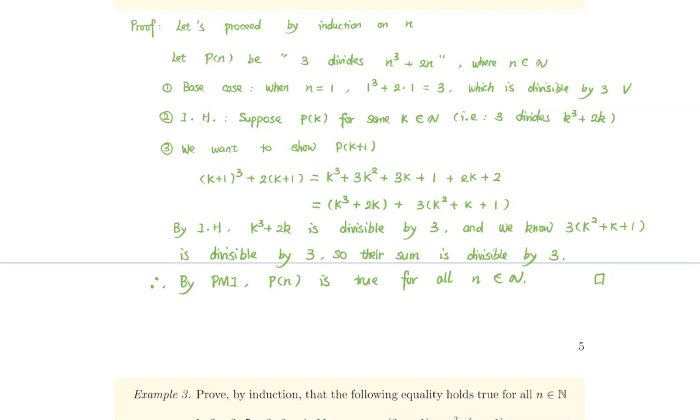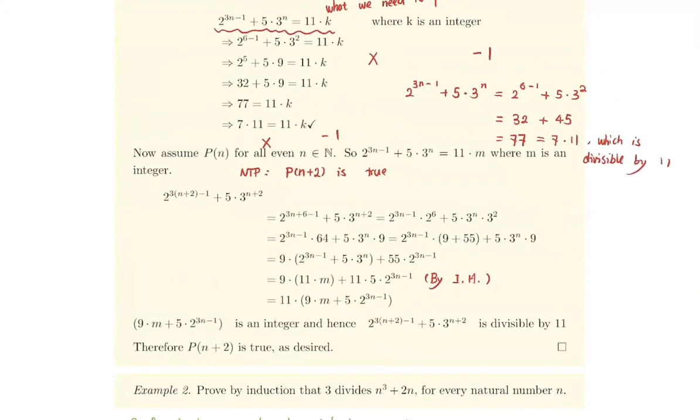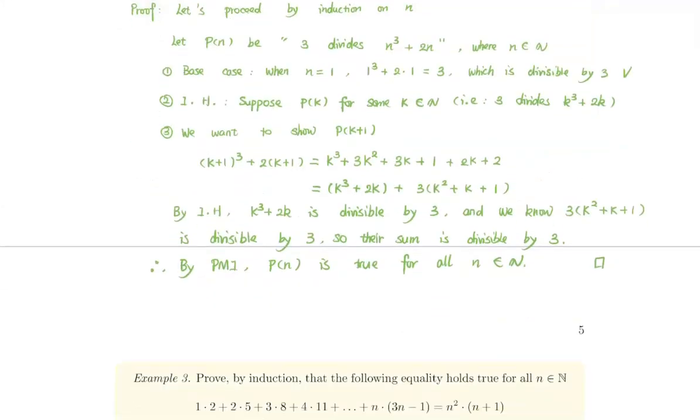Here we didn't need to write k cubed plus 2k equals 3m. You could do that just like in the other proof, but you can also just say it like what I did here. By IH, we know it's divisible by 3. Writing it as 3m is the same thing, it's equivalent.